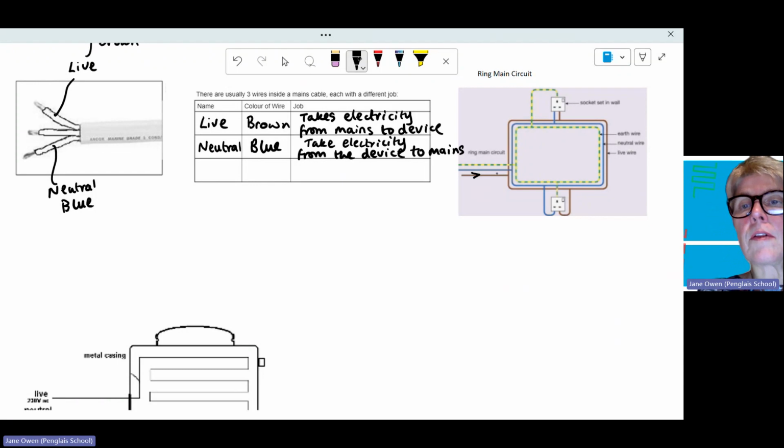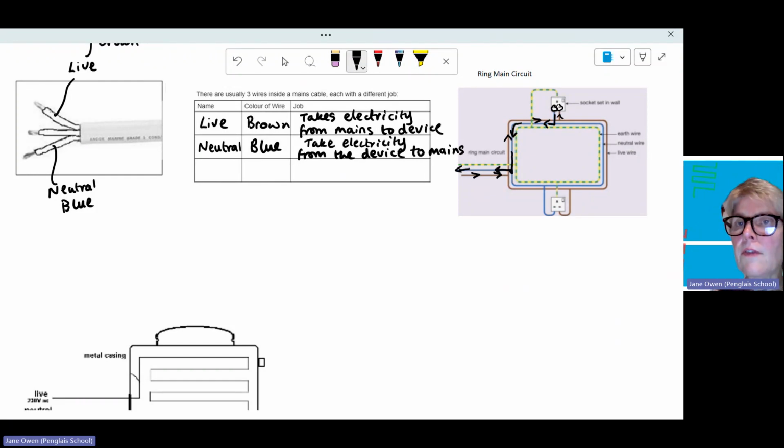So the current will come into the ring main on the brown wire, and it'll go into the device through the live plug, and then the current will go out from the device through the neutral part of the plug, and then back out through the blue, and through here, and then out.